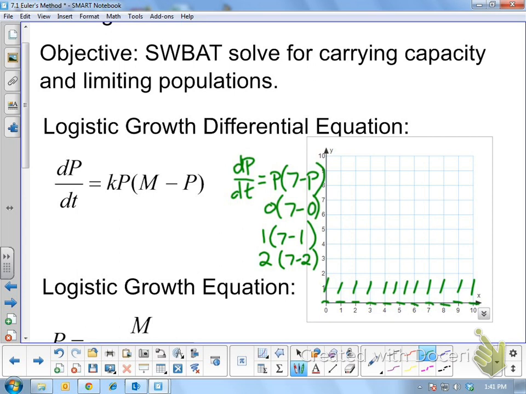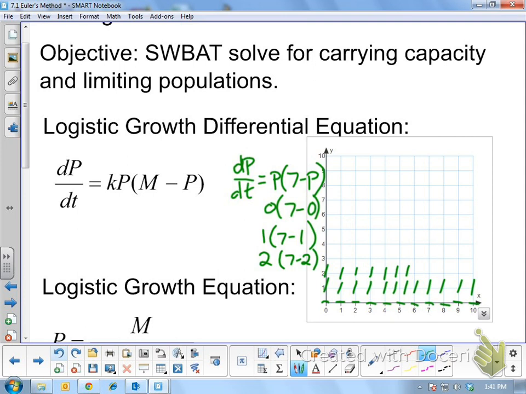No, it will. It just won't be as flat as I wanted for the good picture. So it is steeper at 2.